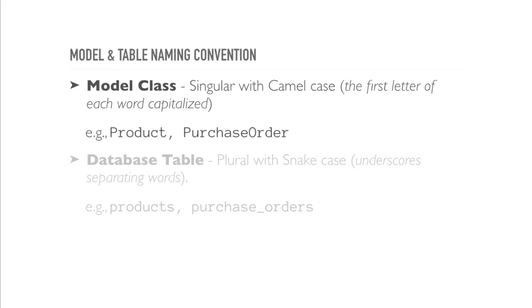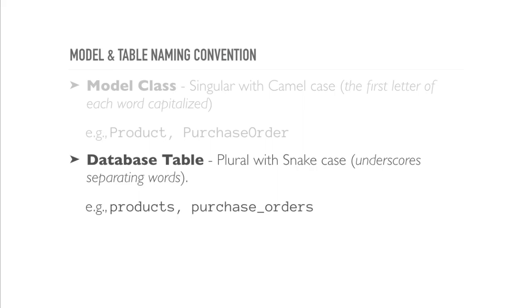Model class: singular with camel case, for example, Product, PurchaseOrder, and so on, with the first letter of each word capitalized. Database table: plural with snake case, for example, products, purchase_orders, and so on.